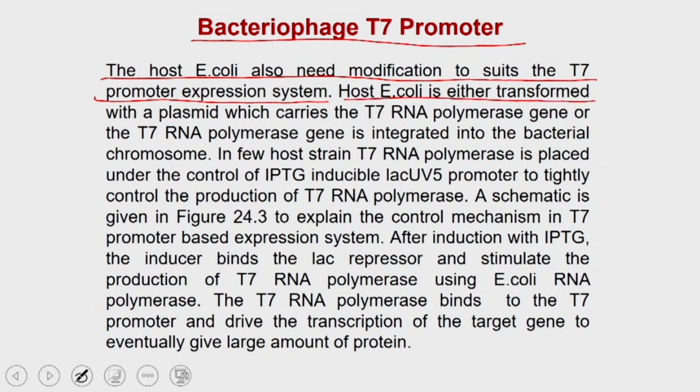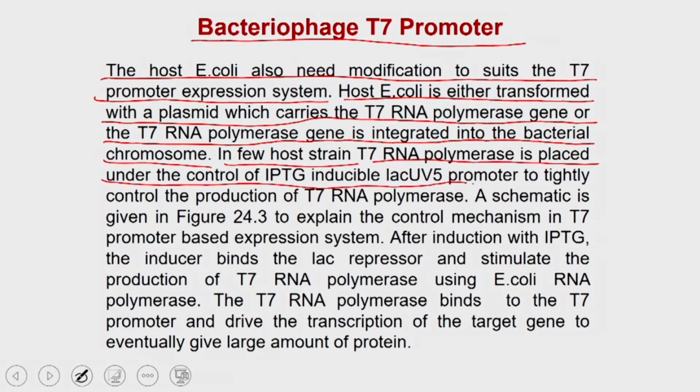Host E. coli is either transformed with a plasmid which carries the T7 RNA polymerase gene, or the T7 RNA polymerase gene is integrated into the bacterial chromosome. In a few host strains, T7 RNA polymerase is placed under the control of the IPTG-inducible lac UV5 promoter to tightly control the production of T7 polymerase.